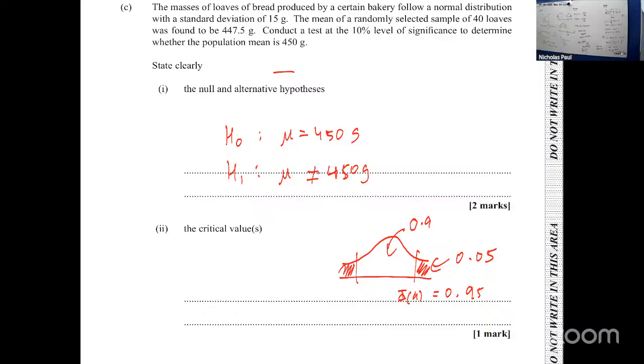The critical value is what? 1.645, right? Well, you should know those values by now. So your critical value is 1.645.